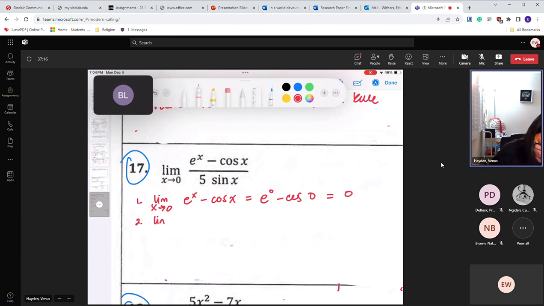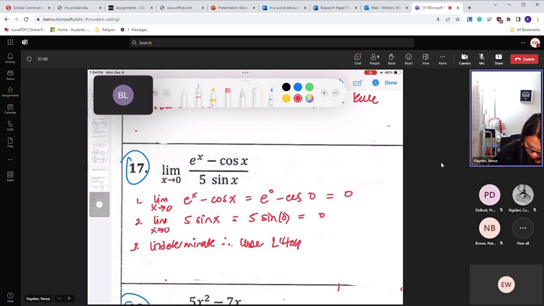Step 2, the limit as x approaches 0 of 5 times the sine of x. That would be 5 times the sine of 0, which is equal to 0. Since it's indeterminate, therefore use L'Hopital's rule.